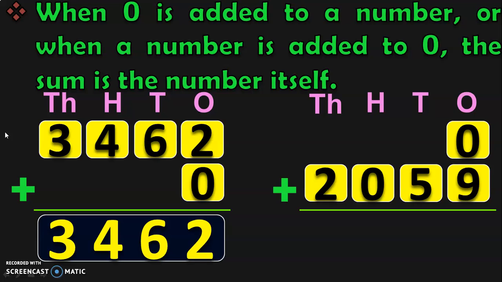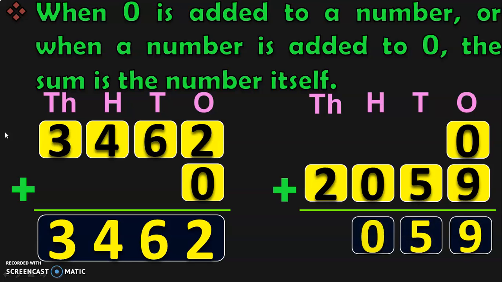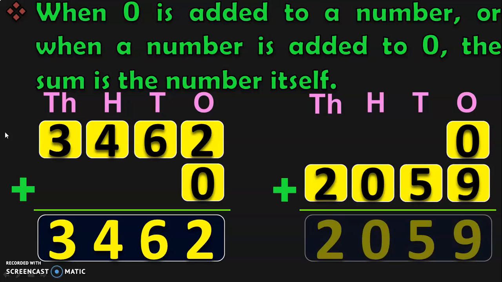Suppose you add 0 plus a 4-digit number 2059, then also you will get the same answer, 2059.